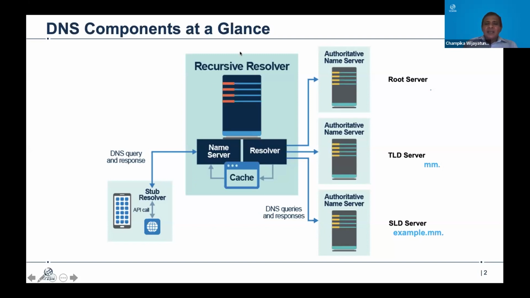The answer is kept in the cache of the recursive resolver for future queries so that the response time is much faster. That's how a typical DNS query works. I won't go into too much detail because our objective is to talk about DNSSEC. I hope this operation is clear to you.